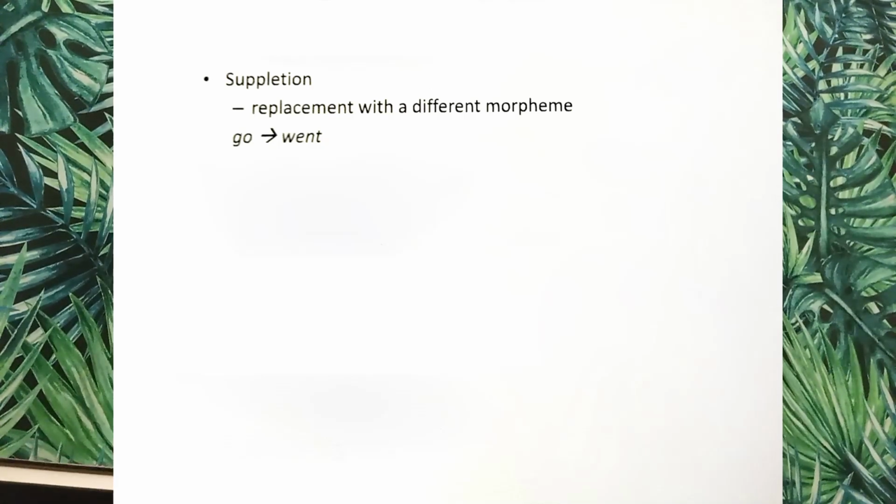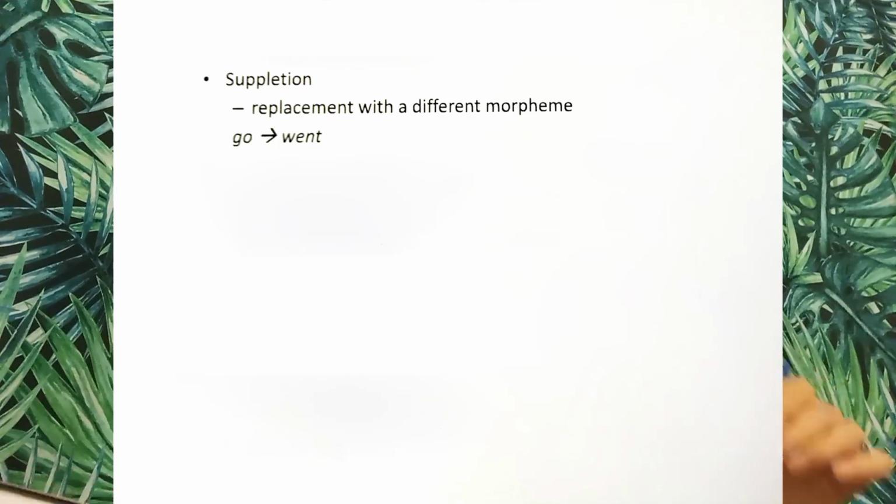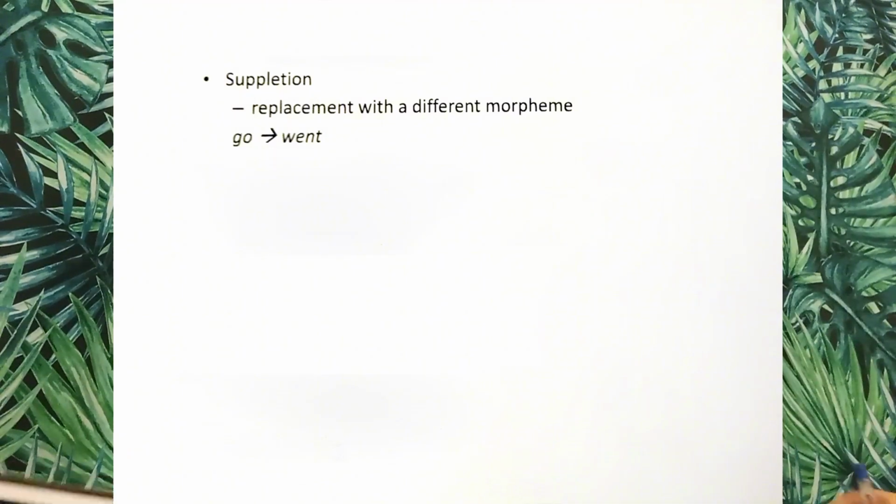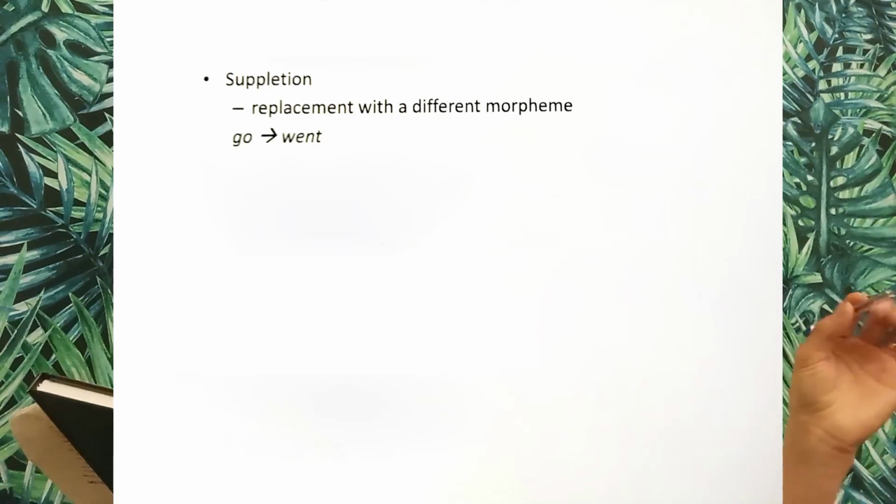Suppletion is basically changing a part of a word, changing a morpheme in a word with a different morpheme, while keeping the same meaning. So the example word I'm giving here is the word go, to the past tense went, right?